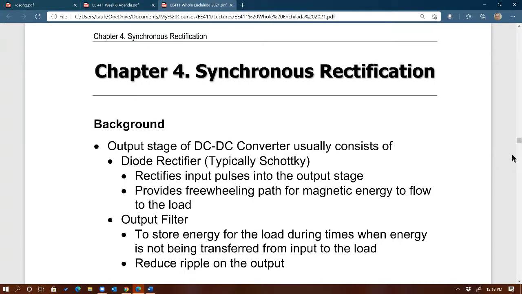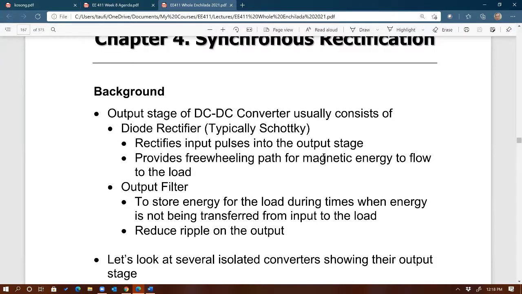That method is called synchronous rectification. If you hear the terms synchronous buck or synchronous boost, that means you replace the diode with a FET or another switch. But let's go over the basic concepts first before we look into the details.